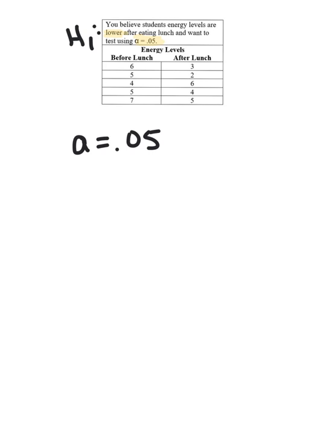So we're going to be looking for our critical value on the left-hand side because lower is suggesting scores will decrease.